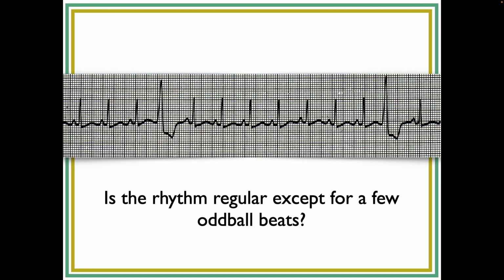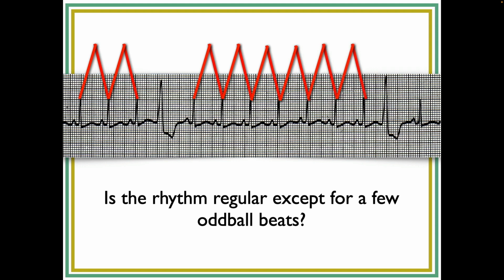Here's another way for it to be irregular. So again, if we march this one across, a significant portion is pretty regular. But we can't say that the strip as a whole is regular because we seem to have what I'm calling for now, and later we'll give them a more formal name, oddball beats.